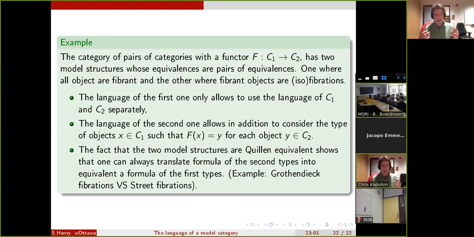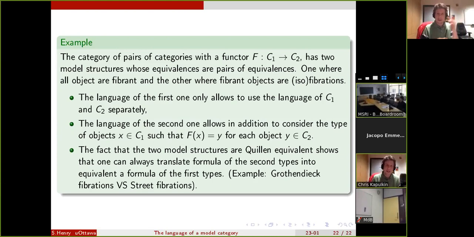And something very much along the lines of what you're doing here: Peter Lumsdaine and I have this paper on the homotopy theory of type theories, and we also consider a left semi-model structure on the category of models, and we work the other way around. So we can say that two dependently typed theories are equivalent if the categories of models are Quillen equivalent.